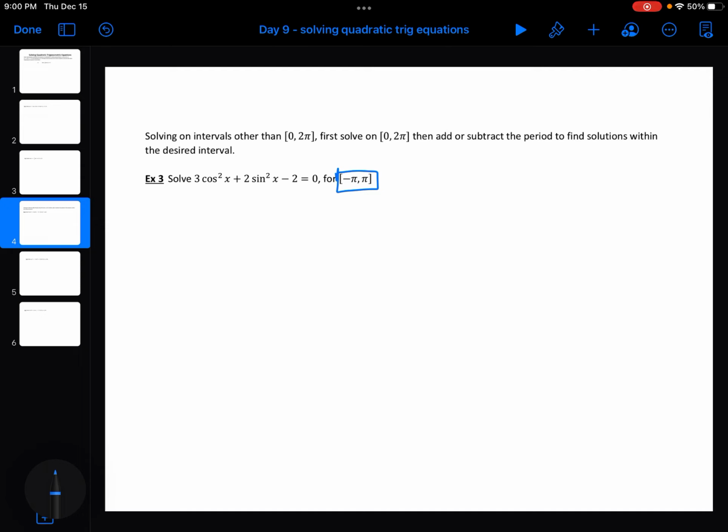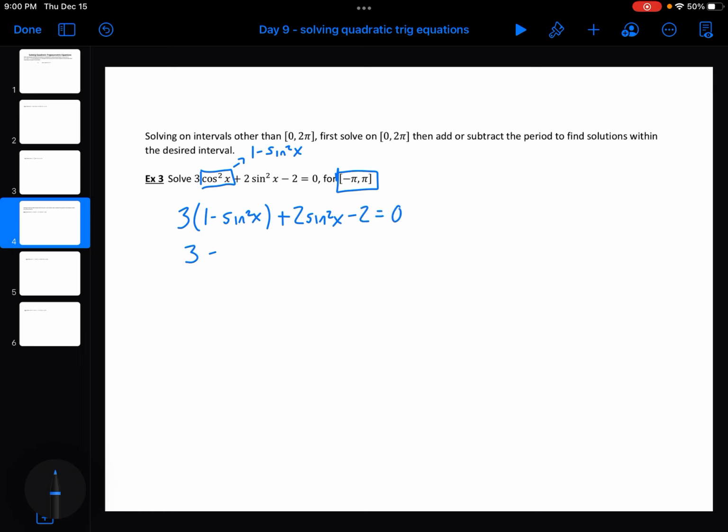So what I'm going to do is change my cos, because it's cos squared. I'm going to use the Pythagorean identity, and I'm going to make this 1 minus sine squared. So I'm going to have 3 times 1 minus sine squared x plus 2 sine squared x minus 2 equals 0.